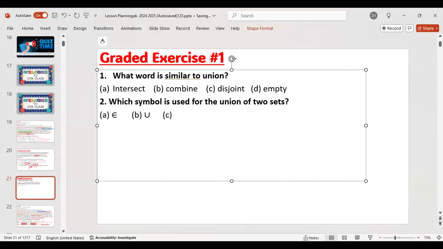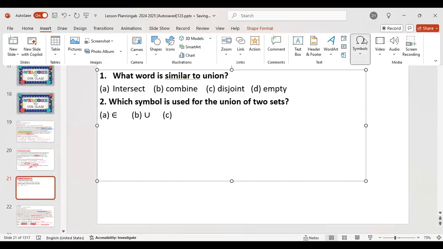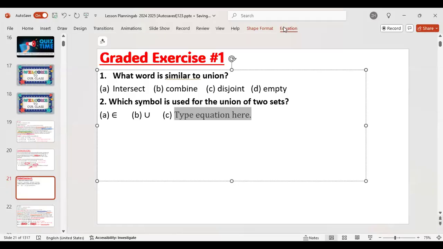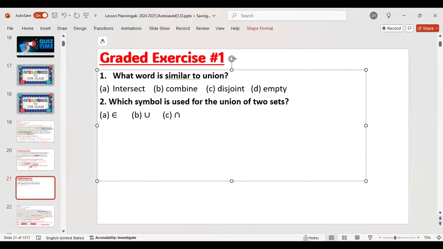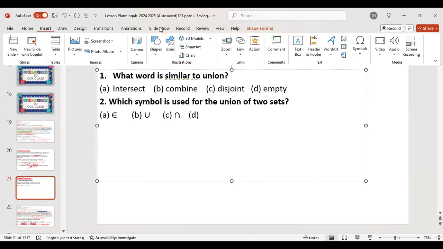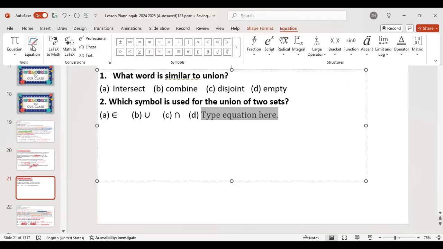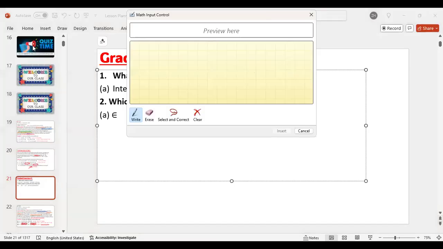C is intersect, equation. C is N. A, B, C, D. I read the options too. Yes, you have the right options as well. And E is, this is going to be E with a slash. Okay.